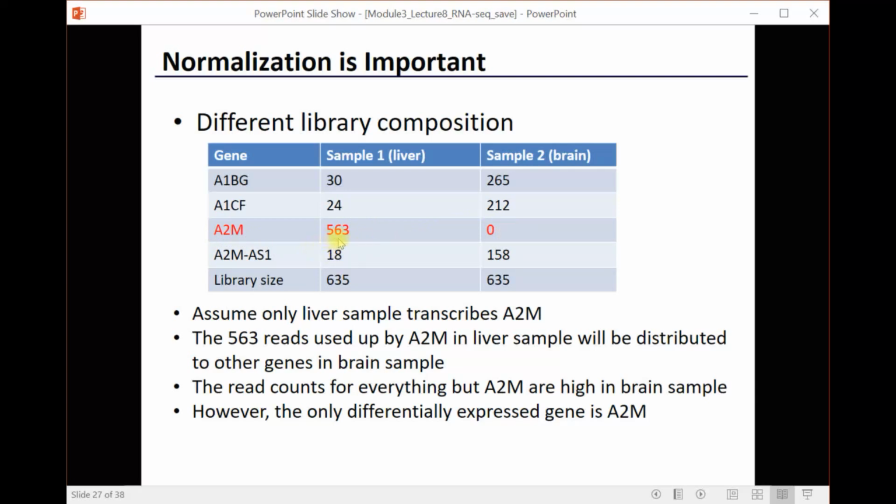So the 563 reads used up by the A2M gene in the liver sample will be redistributed to all the other genes in the brain sample. So even though the read counts for everything but A2M are high in the brain sample, the only differentially expressed gene is A2M. These 3 examples show us normalization is extremely important when we do RNA-seq analysis.